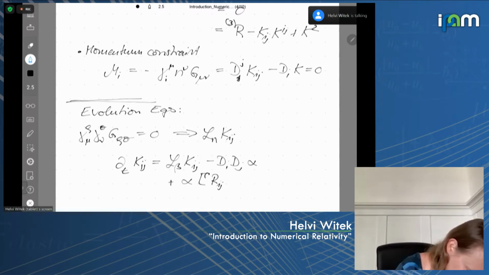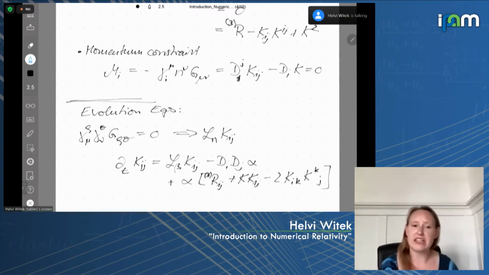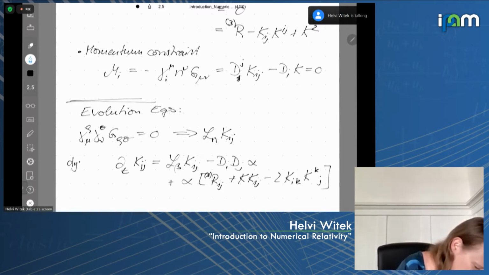And let me just, for consistency, keep my annotation 3 here, plus the trace of the extrinsic curvature times the extrinsic curvature minus 2 times this particular contraction here, K_ik K^k_j, and we're closing the bracket here. And this is our dynamical evolution equation that we get by decomposing Einstein's equations.